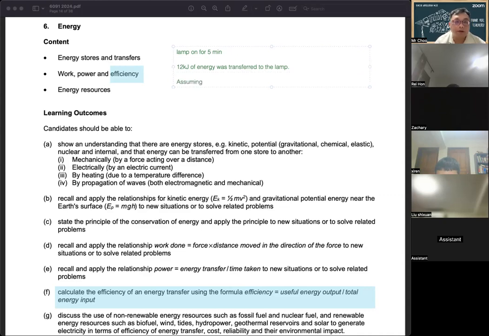Okay, assuming 100% efficiency, what is the power of the lamp?